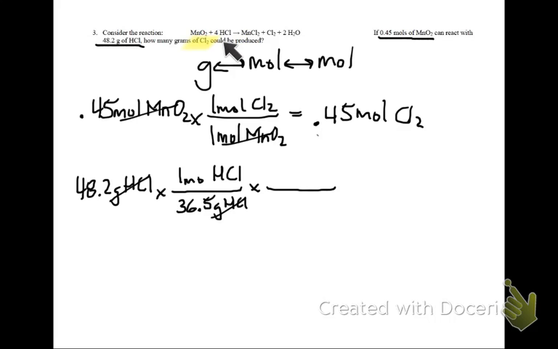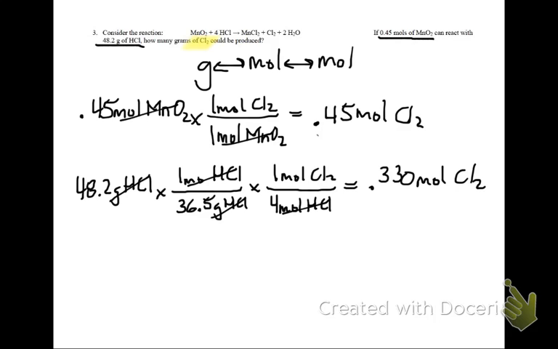And if we look up at our balanced equation, there's 4 moles of HCl for every 1 mole of chlorine gas. Ready to solve this out to see how many moles of chlorine gas hydrochloric acid could produce, and it could produce 0.330 moles of Cl2.